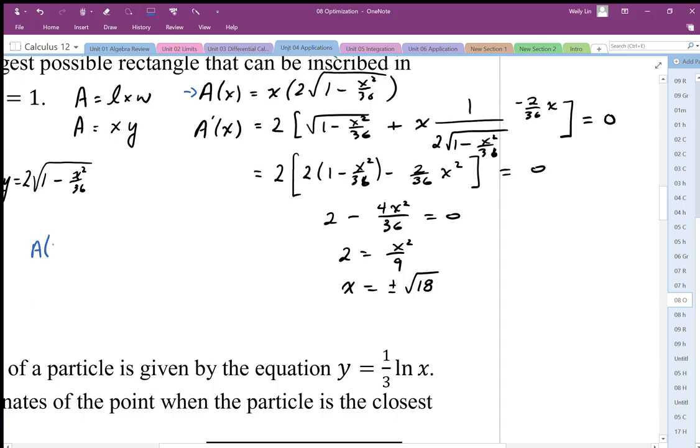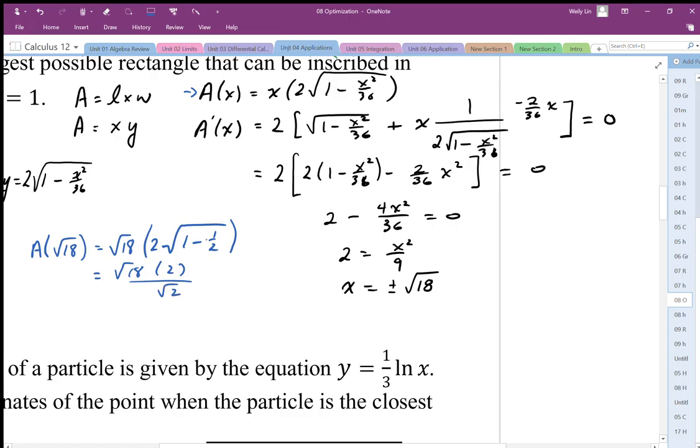Area when x is root 18 is equal to root 18 times 2 times square root of 1 minus root 18 squared, which is 18 over 36, so it becomes 1 minus 1/2. And I end up with 2 times square root 1/2, which is root 2 in the denominator, so it becomes root 18 times 2 divided by root 2.